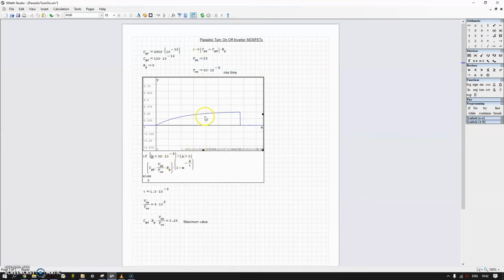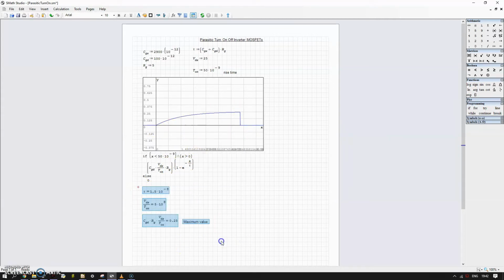Then we've got a graph plot here, which basically says that if the time is less than the 50 nanoseconds that I've put in, then I'm going to be using the equation that we derived. That's the gate drain capacitance multiplied by DVDT multiplied by the gate resistor, and then the exponential function that we've got for the charging voltage.